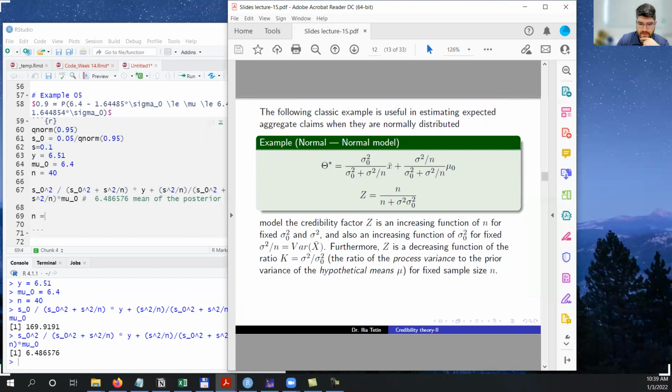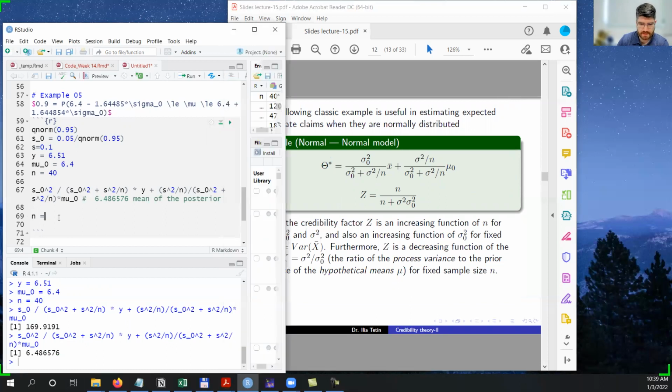Actually, this will be a square root. Okay, let's try. This will be 1 over s squared over n, then plus 1 over s0 squared.